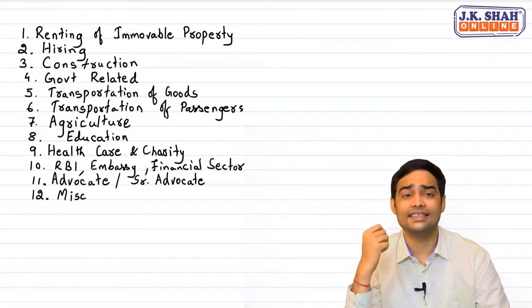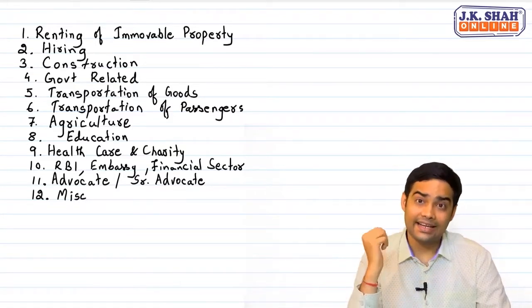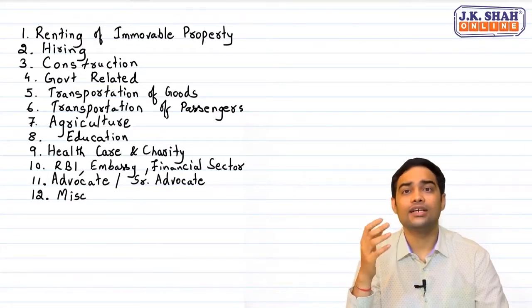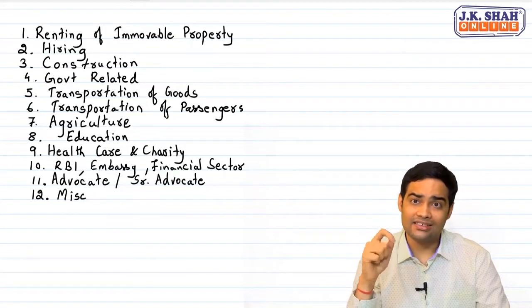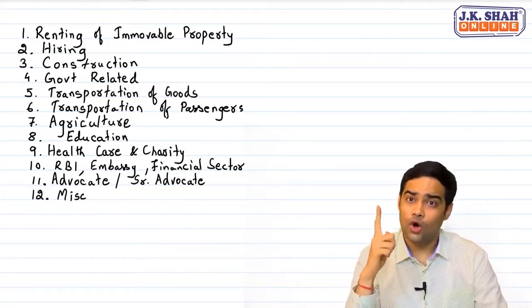The third case is renting of a vacant land for agriculture. Now when you talk about agriculture, it is cultivation of plants including rearing of animals except rearing of horses.